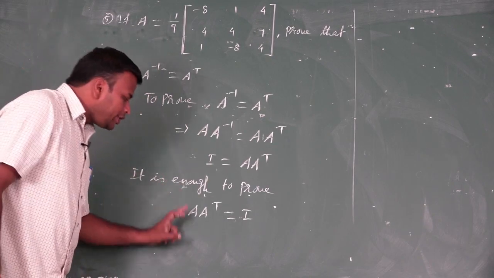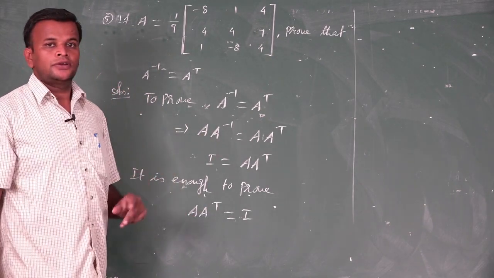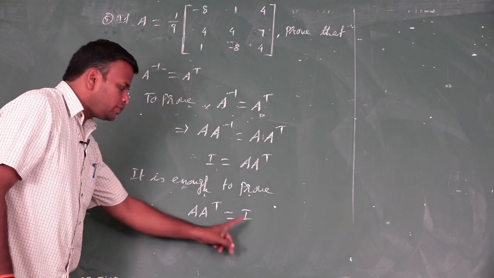So now we prove A into A transpose is equal to I.